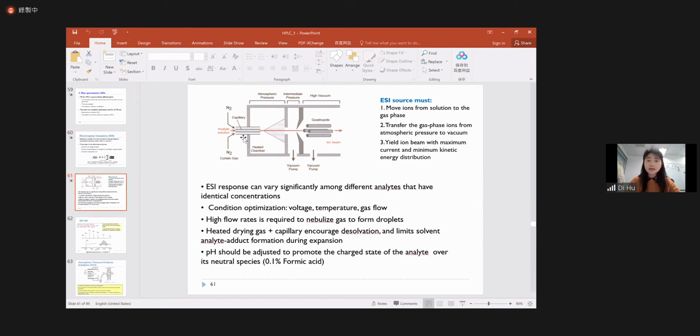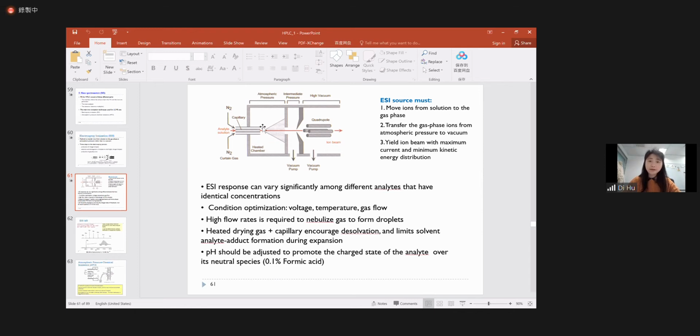They get charged at atmospheric pressure. Then you have pumps that further reduce the pressure, and eventually, in the mass spectrometer, it has high vacuum, as you can see here. So that's why it has to move ions from solution to the gas.